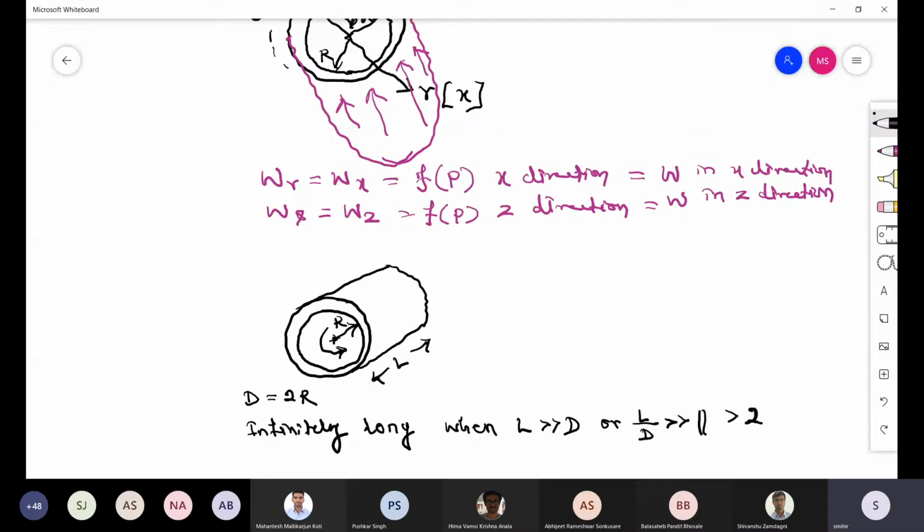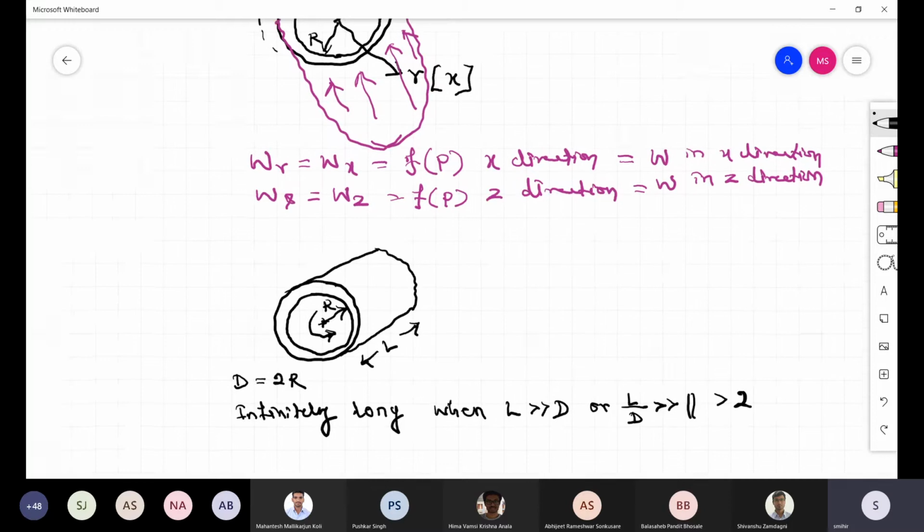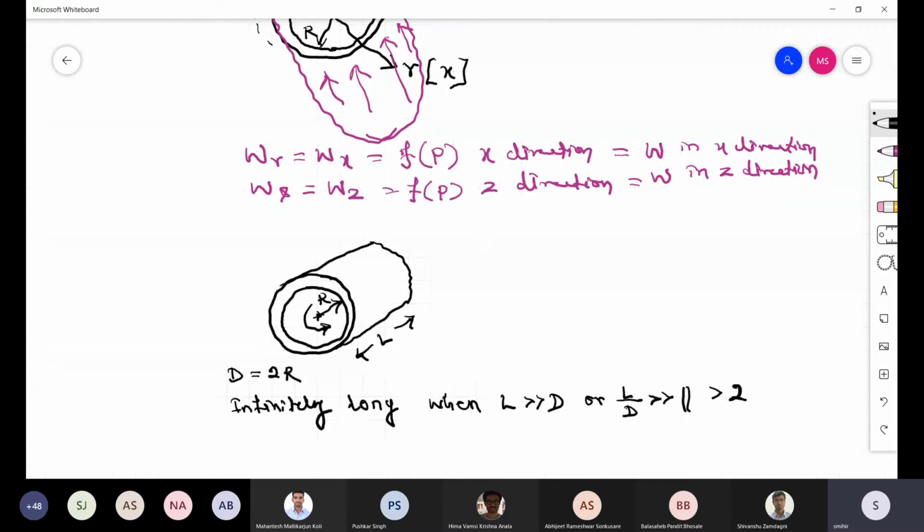If it is more than 2 and you are using the infinitely long solution, then your result will be close to solving a real bearing, because the real bearing solution comes from the solution of the two-dimensional Reynolds equation. But as I told already, it is difficult to solve the two-dimensional Reynolds equation with pen and paper. That is why we are making this infinitely long approximation, neglecting one direction and solving it in one dimension.